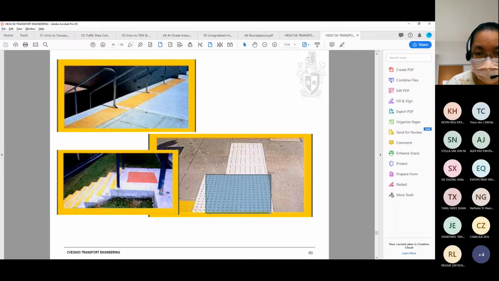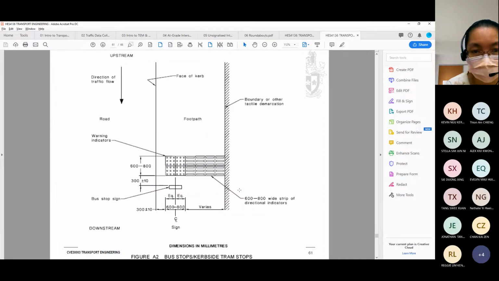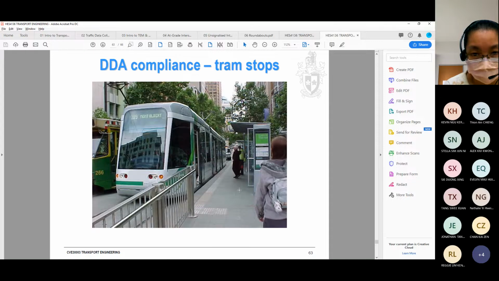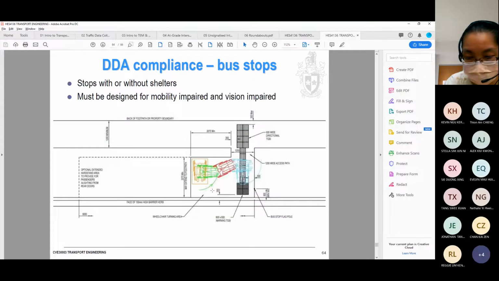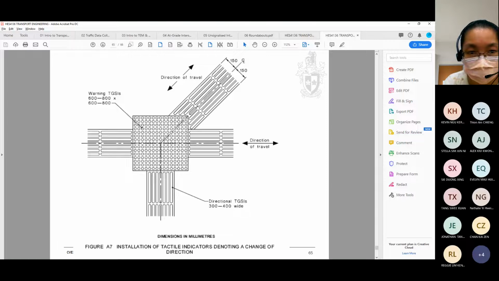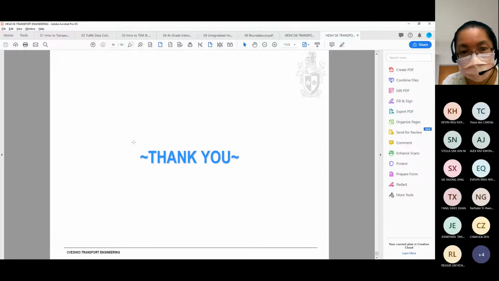This is to indicate changes in direction, because it is next to a directional tile. Here again, these are hazard tiles, changes in direction. And that's the last bit.